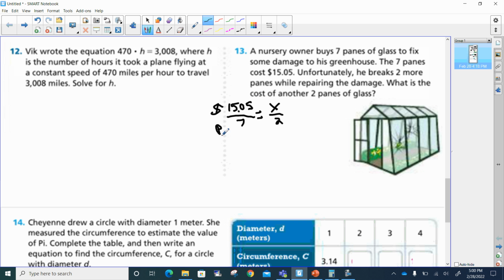This is going to give us 15.05 times 2 has to equal 7x. I know 15.05 times 2 is 30.10, equals 7x.